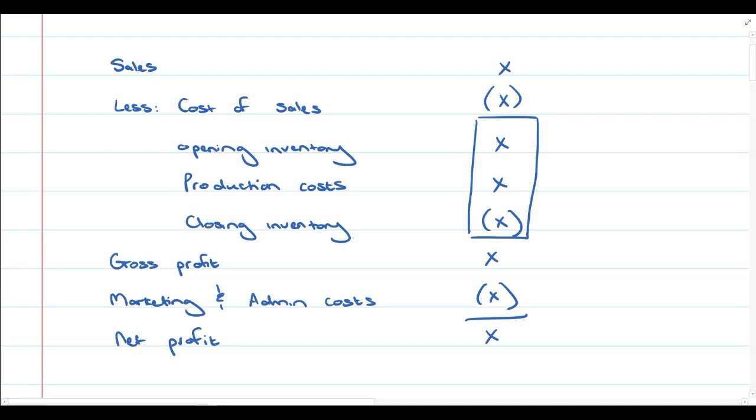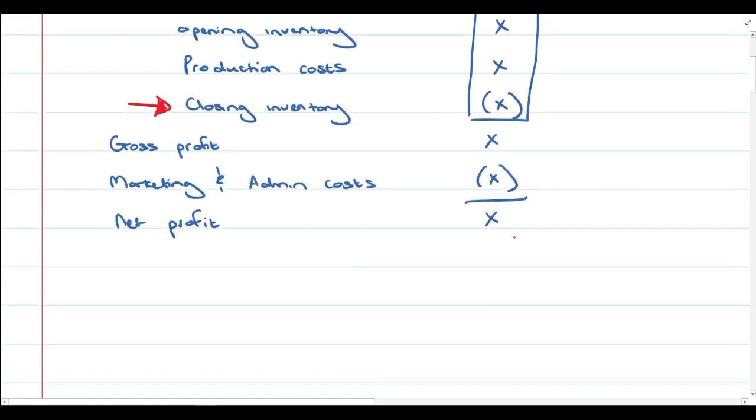So to help with this explanation, I've just drawn up an absorption costing statement. So this is normally what your absorption costing statement would look like. Now, remember, guys, what we are trying to discuss is why is the difference in closing inventory deducted when we are reconciling the absorption costing profit to variable costing.